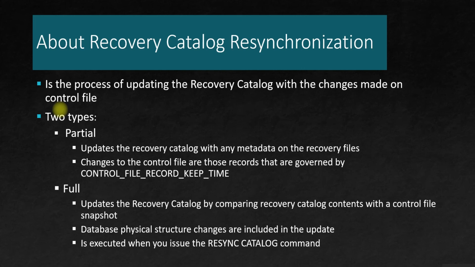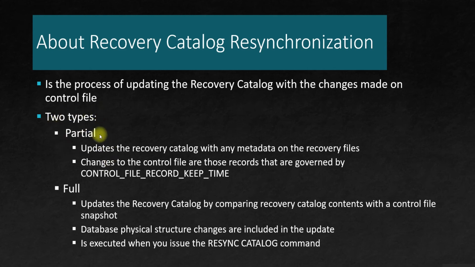Those backups are sitting somewhere on the OS, but the control file is recording all that information in its repository. All that information must be synced to the recovery catalog, okay?